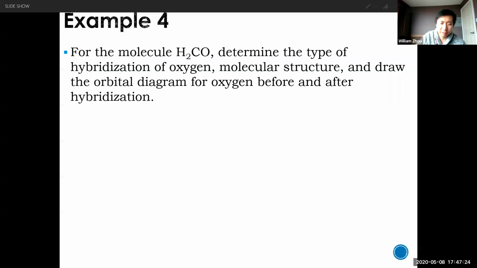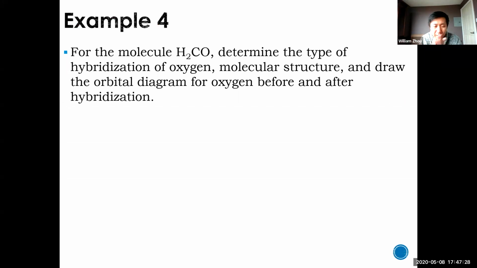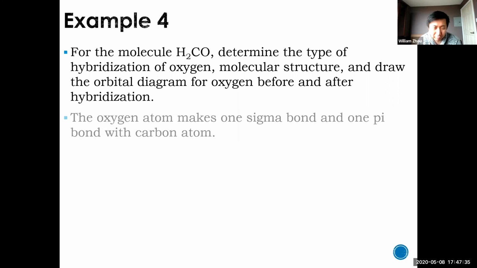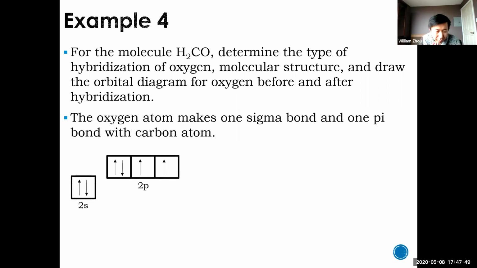All right, I'm going to show you how to do this then. Same thing, except with oxygen now. You have to first figure out what bonds the oxygen atom is making. The oxygen is making a double bond with the carbon, and no other bonds are made. So 1 sigma and 1 pi. How would you hybridize that?